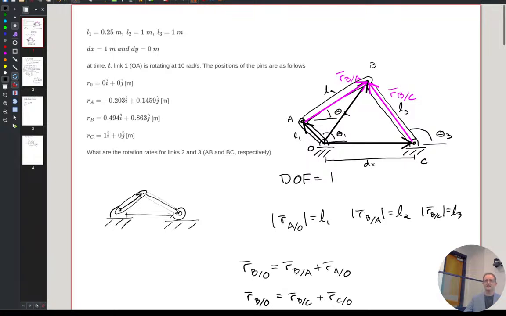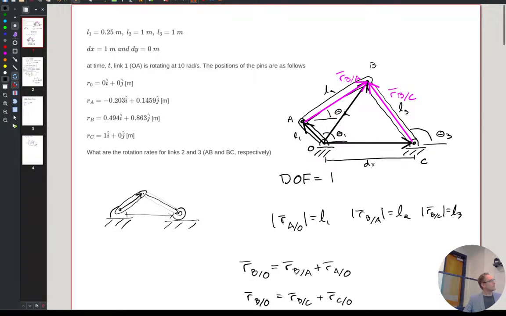Which link? L2. So if I know theta 2 and I know theta 2 dot, I know where link 2 is, how it's oriented, and how fast it's changing. Is it flipping like a catapult, or is it slowly moving back and forth?